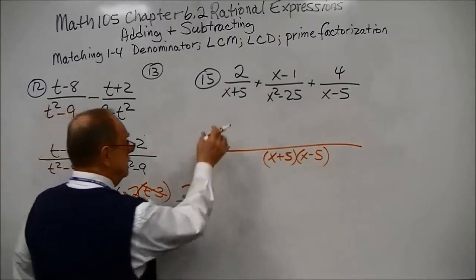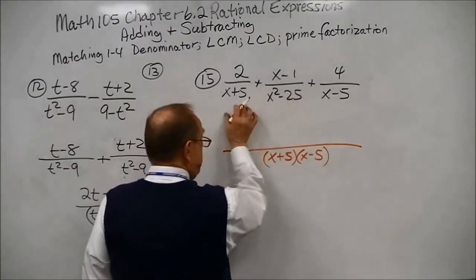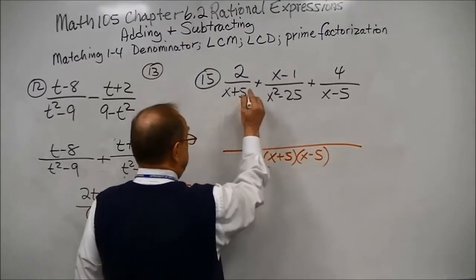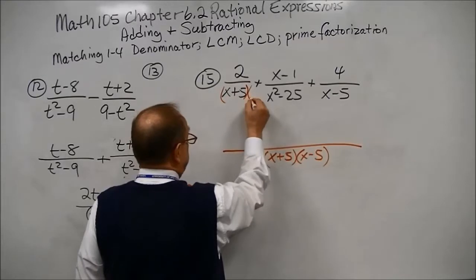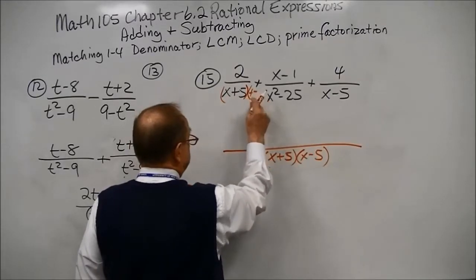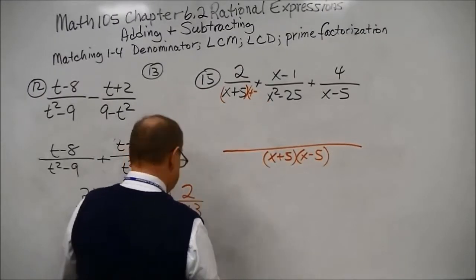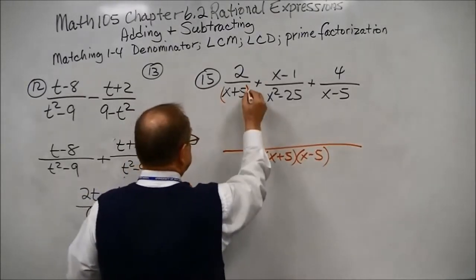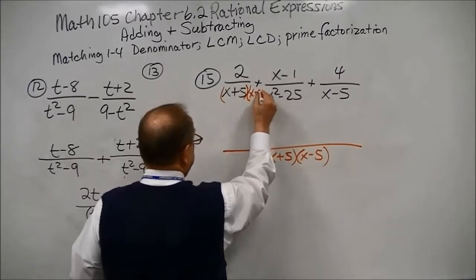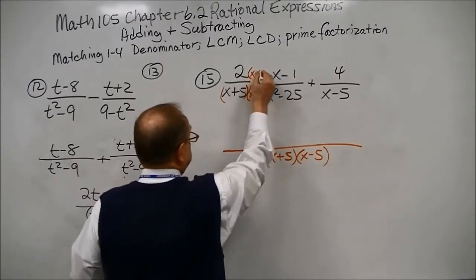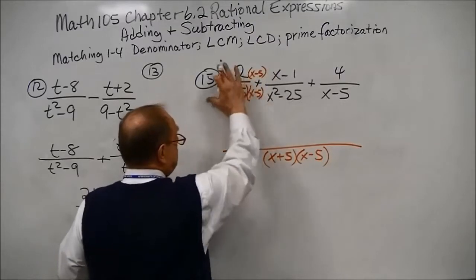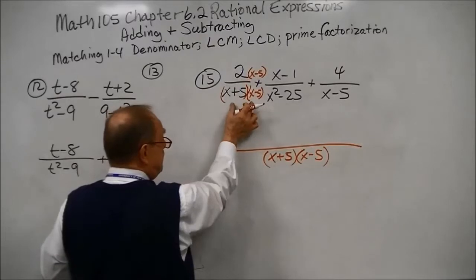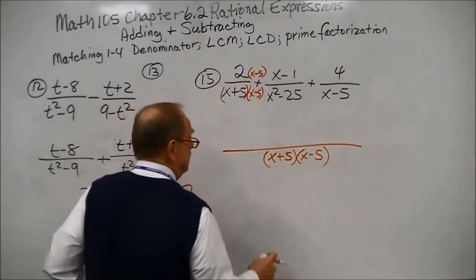Now, in order to get these terms at the end to have the common denominator, I have to multiply this one by x minus 5. My mind is working ahead of my writing here. And x minus 5. Remember, this is 1. I'm multiplying this fraction by 1 in the form of this, so I get my common denominator.